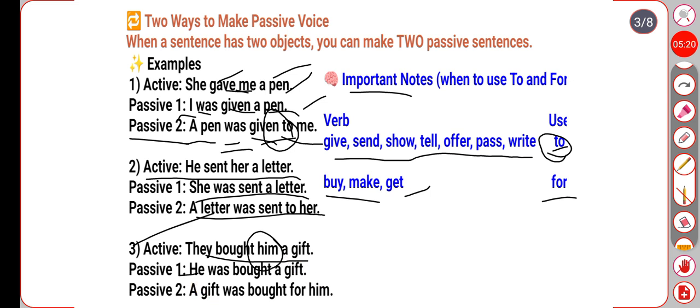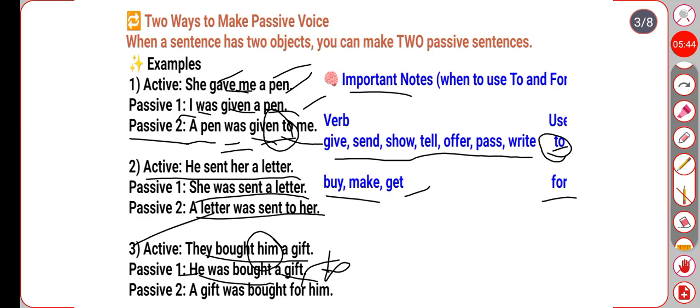So here it is he. He was bought a gift, like this. And we have not written by them because it's not important. I'm going to explain that one also later.